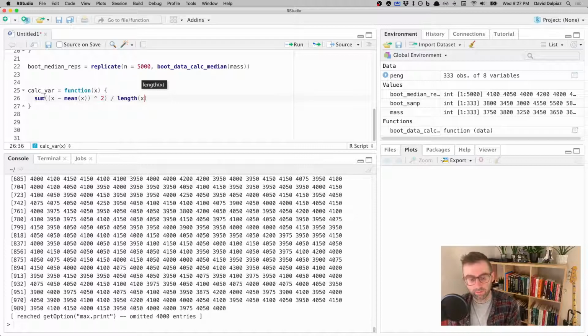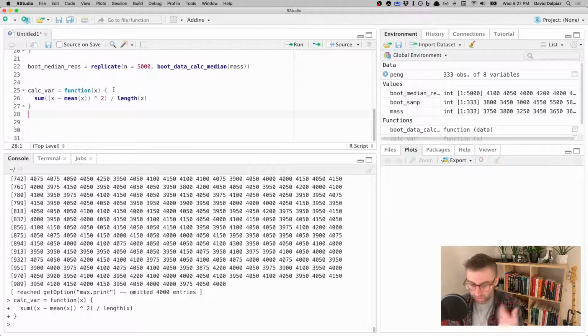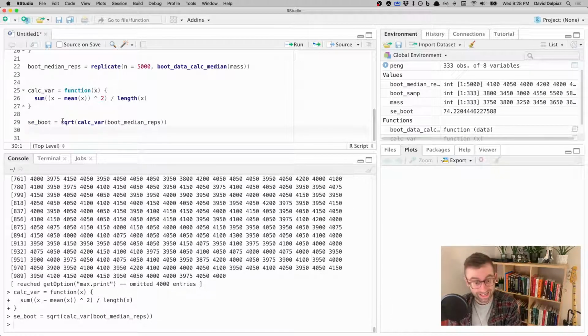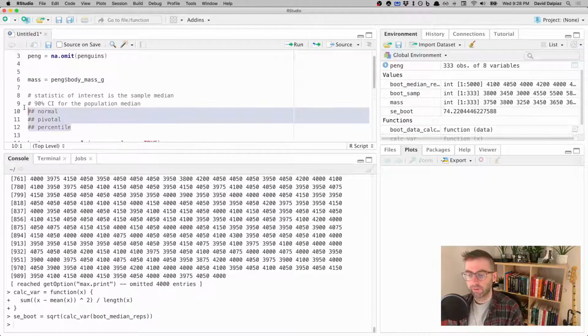So this is just variance with n instead of n minus 1, but that's technically what we need to be using here. Okay, so I'm going to calculate the variance of those things, and I'm going to take a square root of that. So I'm going to call this the se underscore boot. So this is the Bootstrap standard error. Okay. I have everything I need now.